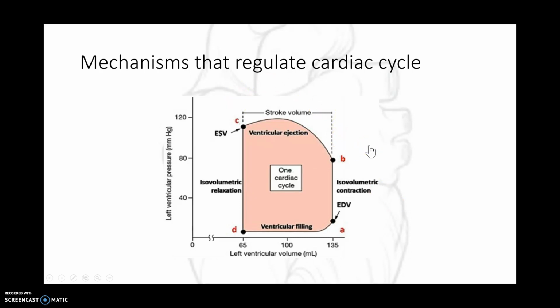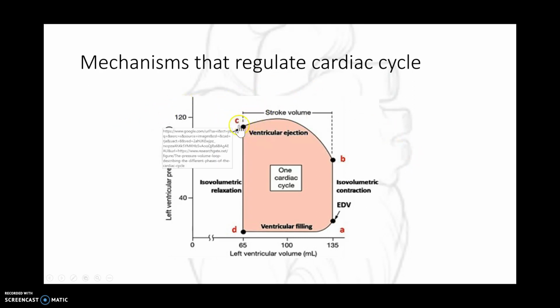Our volume of blood decreases dramatically within the heart because the opening of that aortic semilunar valve has occurred, and now we have the outward flow of blood. We have overcome that aortic pressure, which is our afterload, which is holding that aortic valve shut. The valve opens, and we have a dramatic increase in blood flow into the system. That's considered our stroke volume right there.